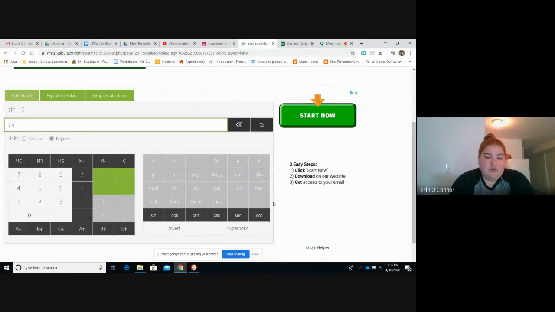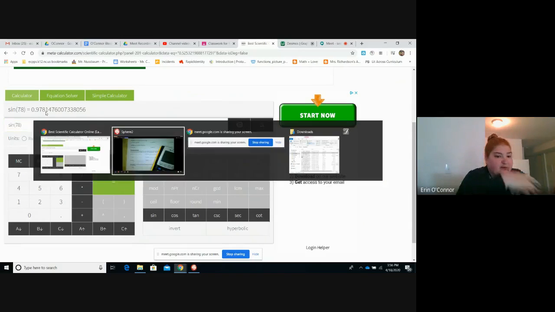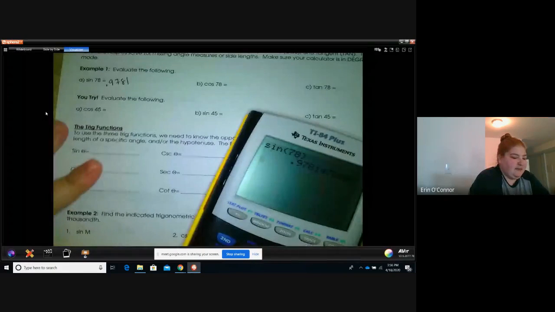You can type it in, or you can actually click the sine here. And then it's sine 78. And you have to finish off the parentheses to get it actually correct. And as you can see on your screen, right under where it says calculator, it says 0.9781. So we did it that way. I am going to just use the TI from here on out, but if you're using the other one, it gives you the same answer.